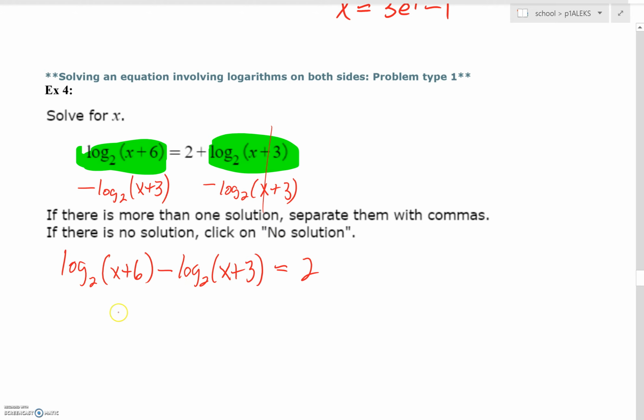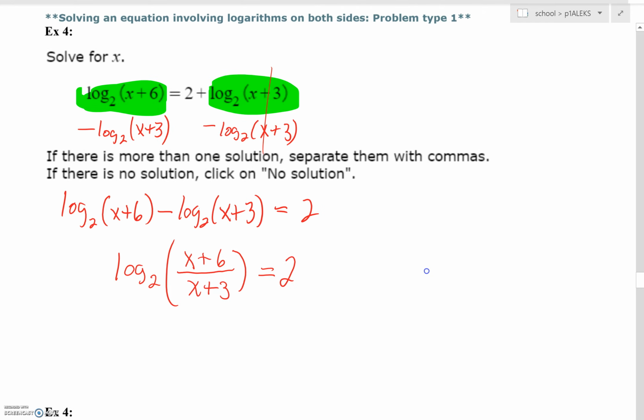Now the minus here, you might remember, is going to turn into a fraction. This subtraction becomes the log base 2 of x plus 6 all over x plus 3. And then, once you have that, you can do your log circle.